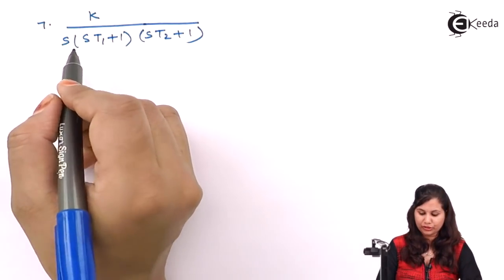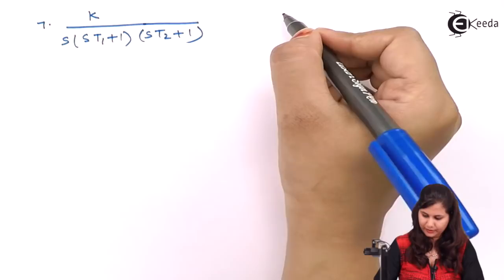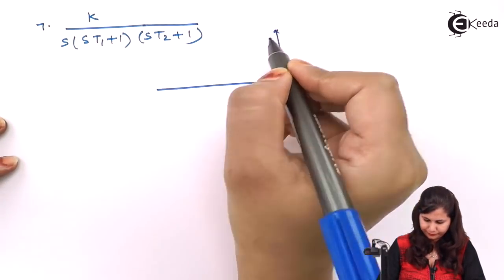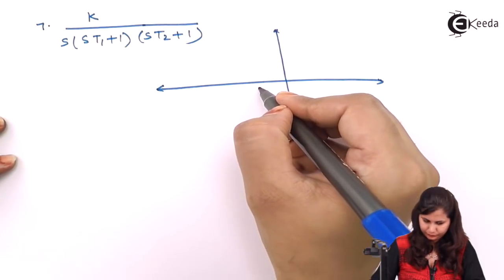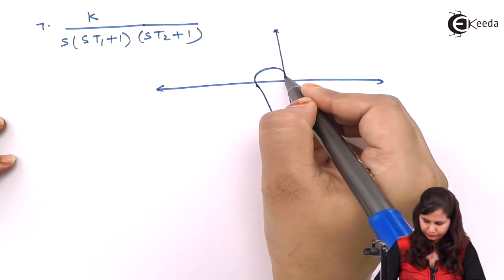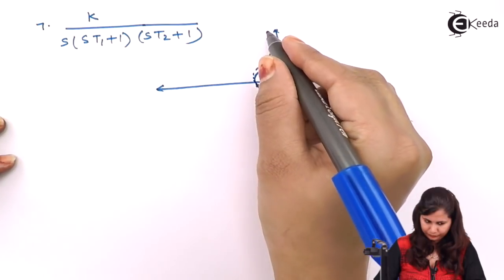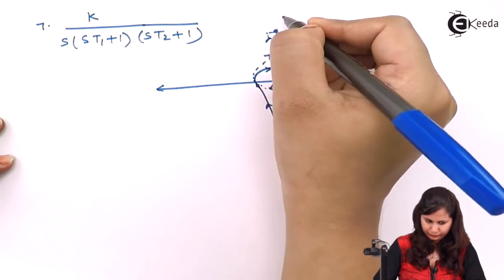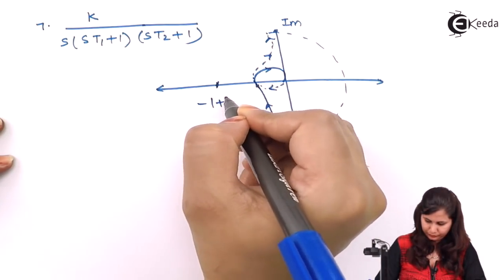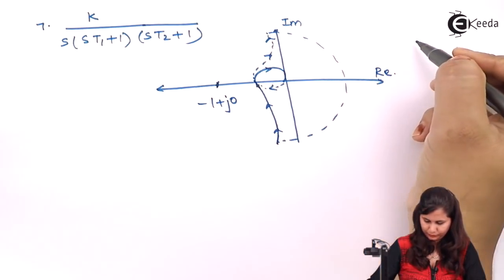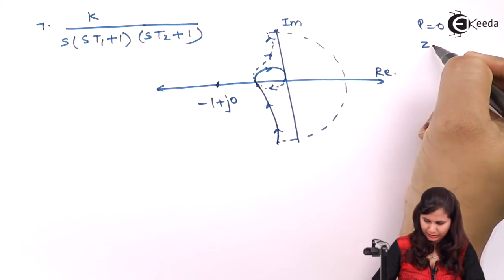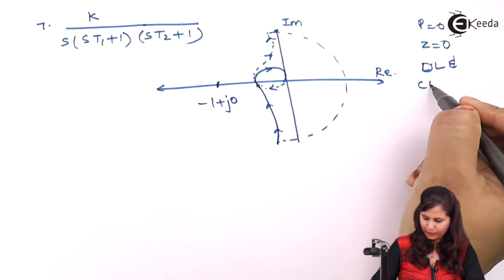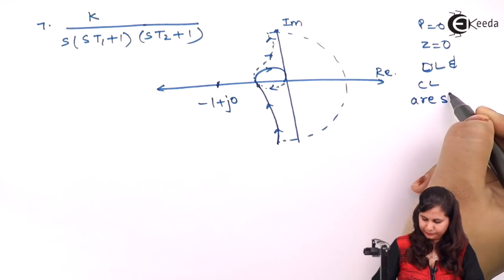One pole at the origin and two other poles. For this, the Nyquist plot will be like this, so P equals 0, Z equals 0. So open loop and closed loop are stable.